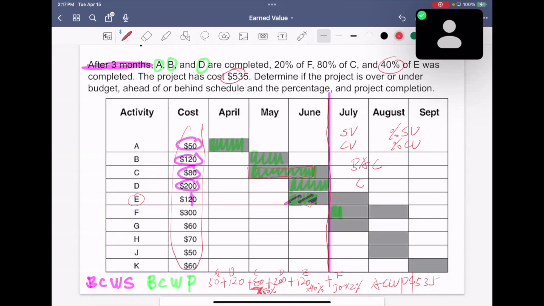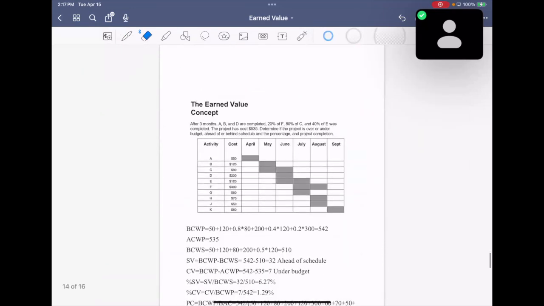Then you have your CP, complete percentage, equal to what? BCWP divided by BAC, right? So I'm not going to finish all the calculations because you already have the solutions over here.